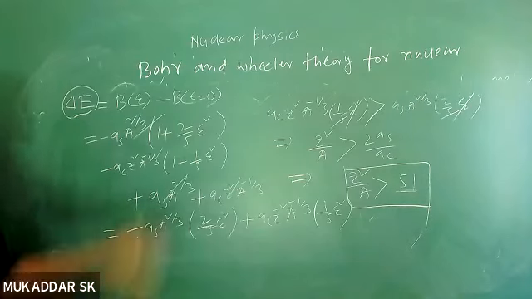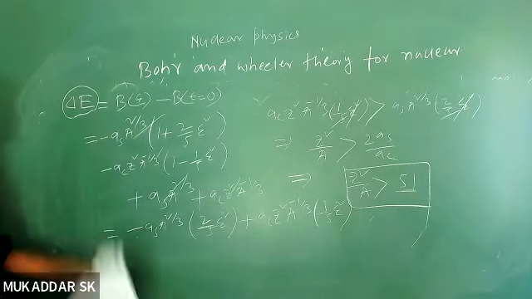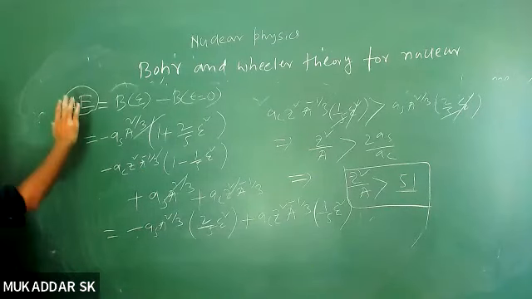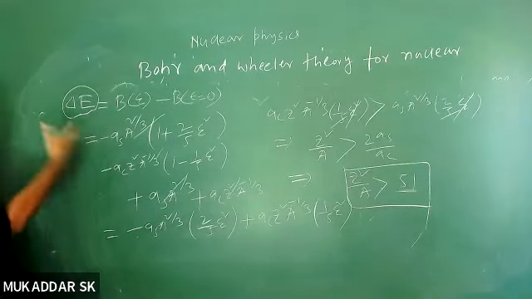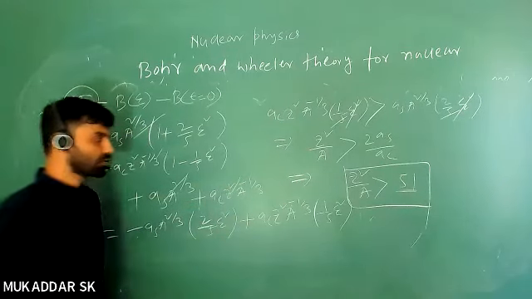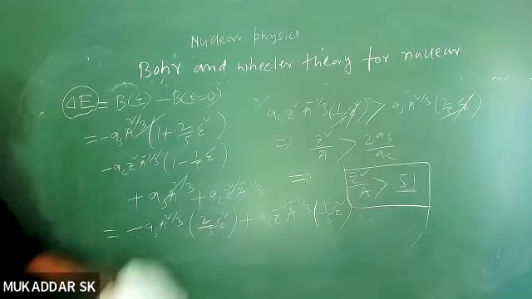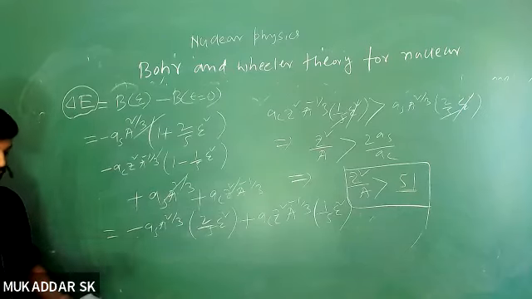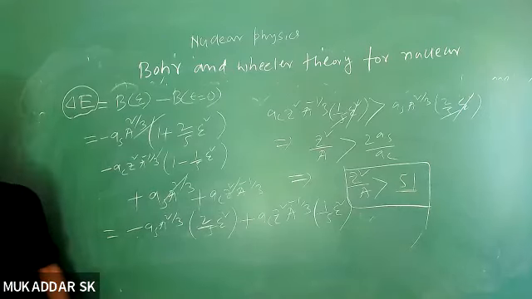So only two terms you have to take, surface energy and Coulomb energy, and substitute them. For a spontaneous process, Q should be greater than 0. If you take this condition, you will get Z square by A greater than 51. So this is the condition for any spontaneous nuclear fission. Is it clear?